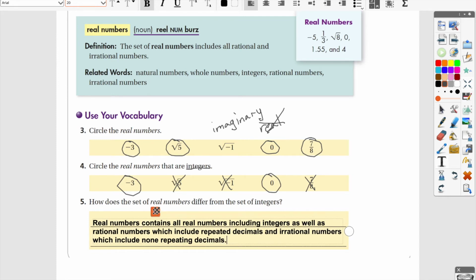Don't worry, I'll kind of squeeze that down so you can actually see it. There you go. In other words, real numbers is the big picture. Integers is just the person in it. It's just a tiny little portion of all the real numbers that there are.